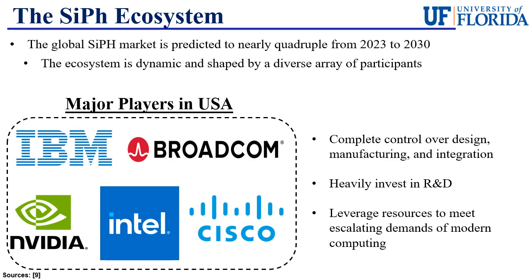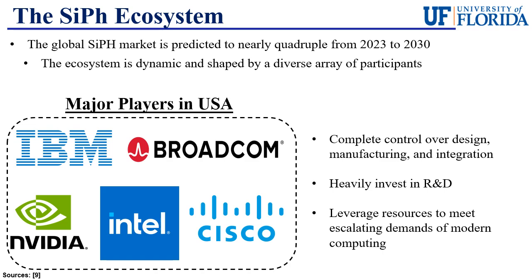And the global market for the technology is predicted to nearly quadruple from the year 2023 to 2030, and has gained a significant amount of attention over the past decade from major players in the electronic industry like IBM and Intel. These companies, or major players, have a lot of capital and a lot of infrastructure, giving them complete control over the design, manufacturing, and integration of devices.